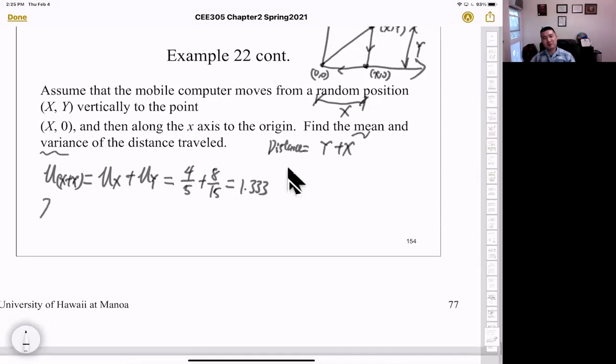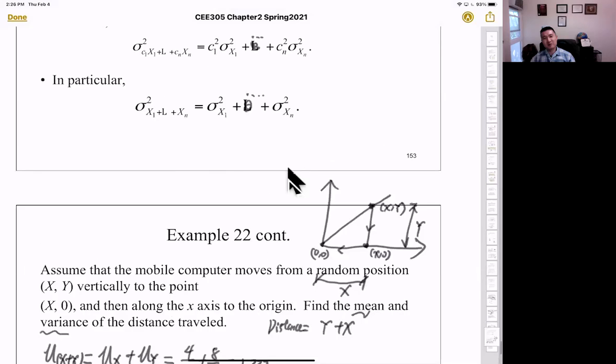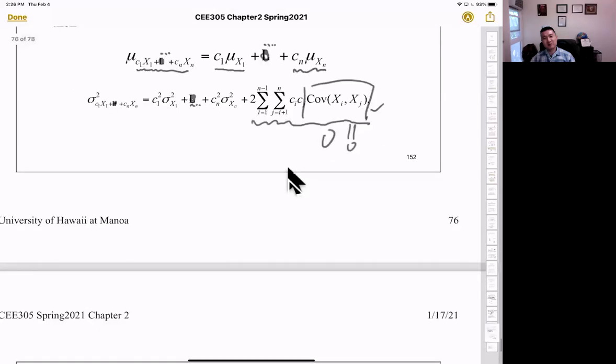And for the variance of x plus y, that is equal to variance of x plus variance of y plus 2 covariance xy. This is based on this equation.